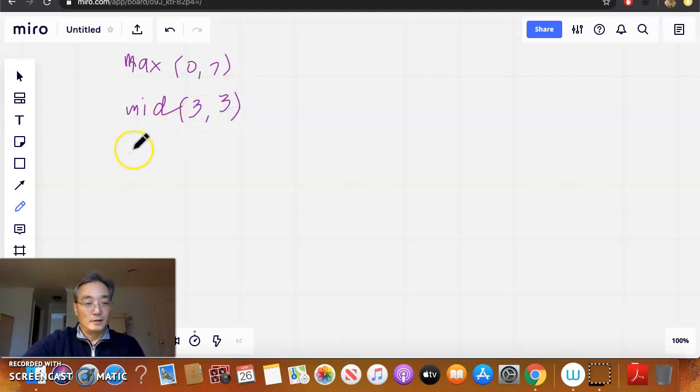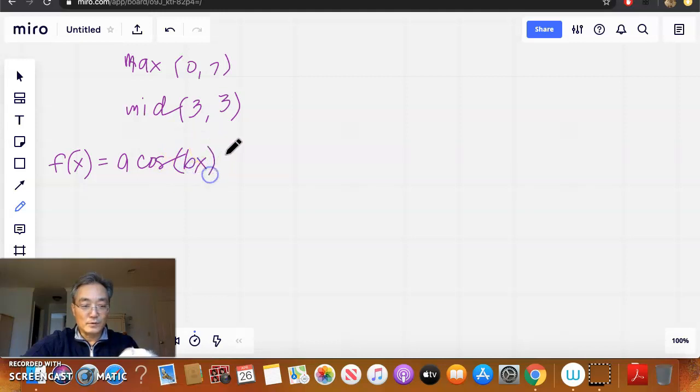Okay. Starts at the max, goes down to the min, therefore we know it's cosine. So we're going to need a function that has this format: amplitude, cosine, times frequency, b of x, and then of course our midline, c.